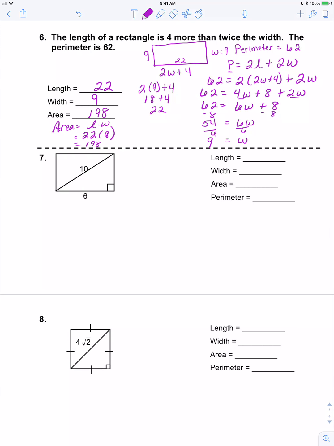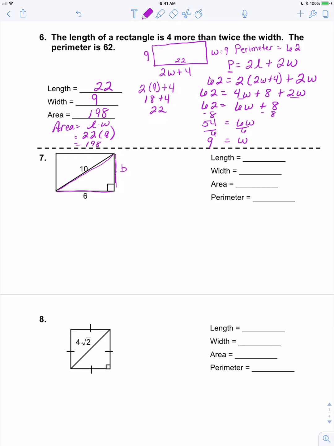Okay, so now we've got another rectangle. We're told the diagonal through this rectangle is 10. We're told this side length is 6, but we don't know what the width is. So we're going to have to go find this. Now you might want to use that Pythagorean theorem again.